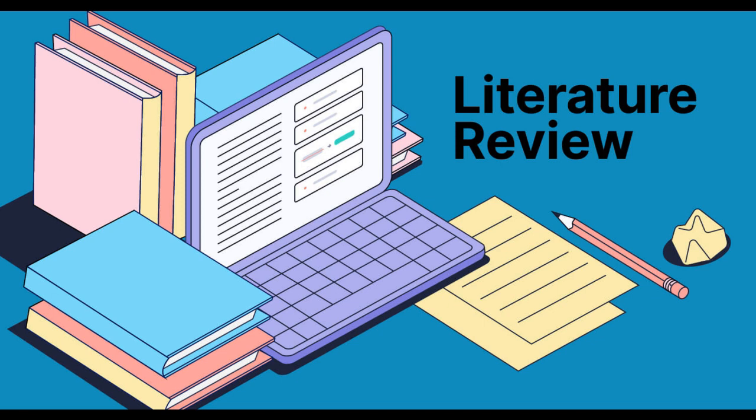So for that, not just research papers but book chapters are important. So you may want to search on Google about the topic, and you may want to find some relevant book chapters.